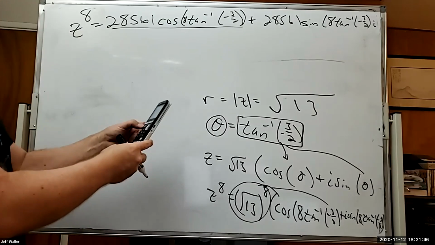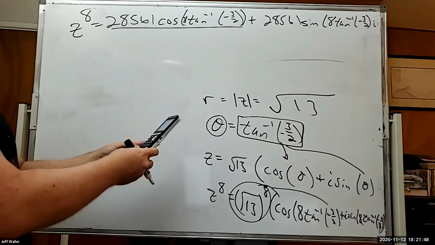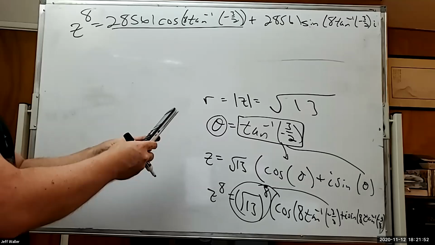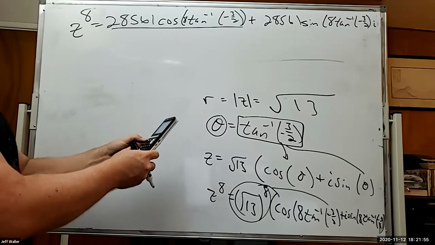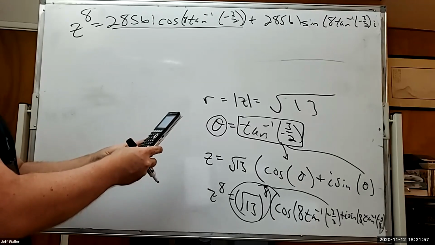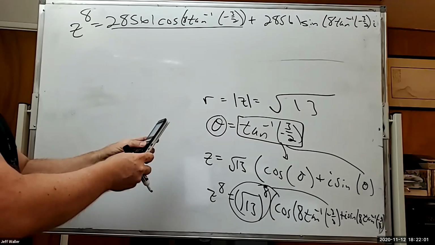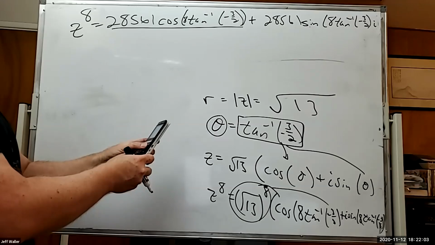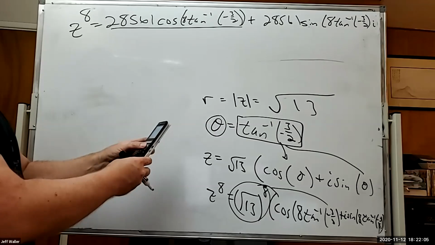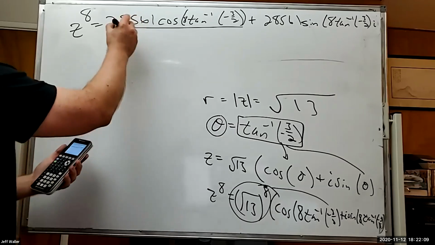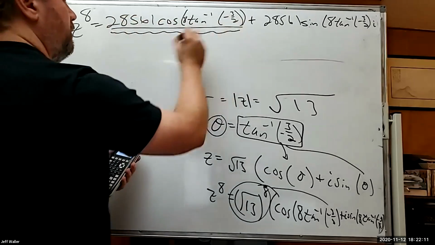So let's see, 28561 times cosine of 8 times inverse tangent of -3/2. Let me just do that piece by itself. Is somebody able to do that in the calculator? Just that piece?